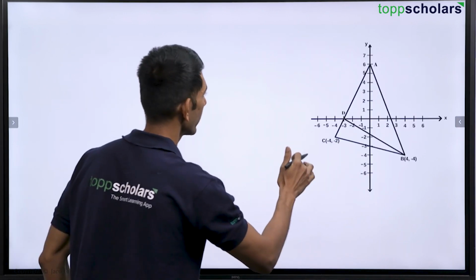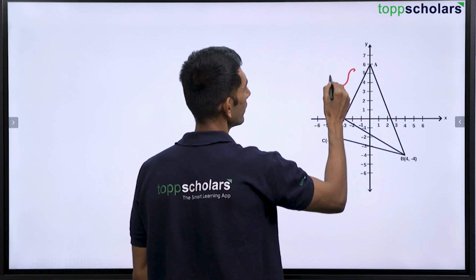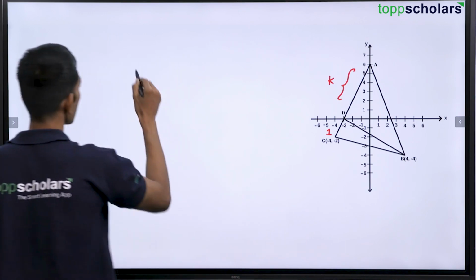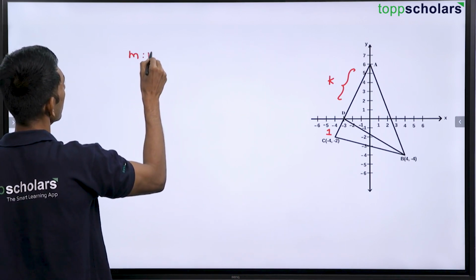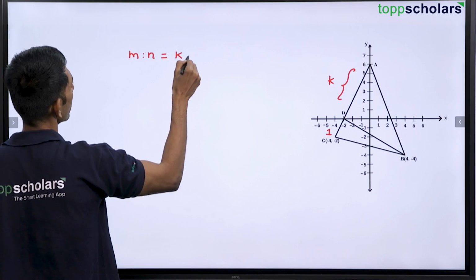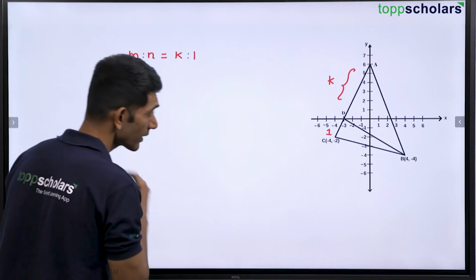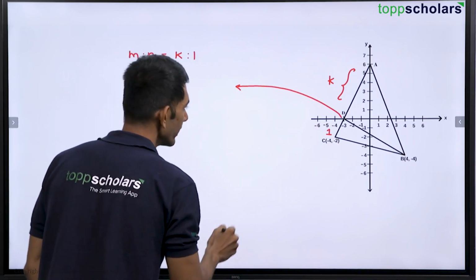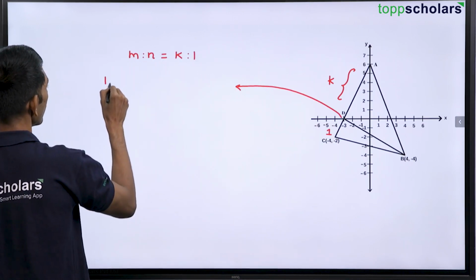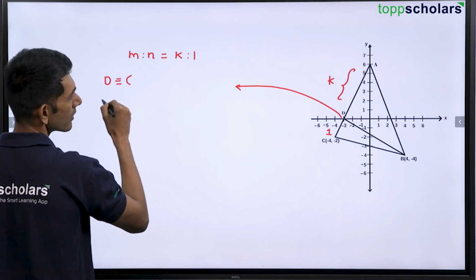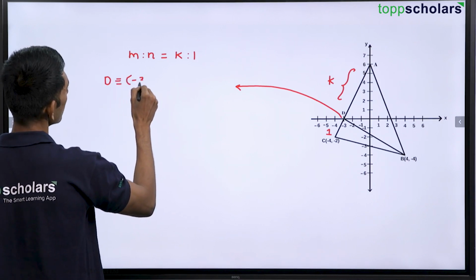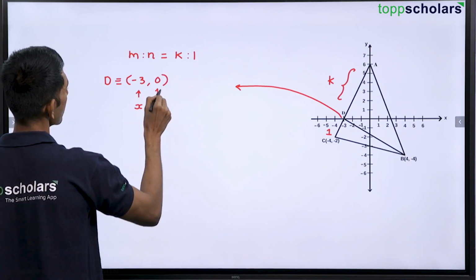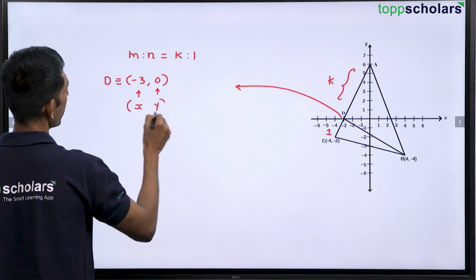I guess the figure is here. So this is k, this is 1. So m is to n is given, k is to 1. Now, what are the coordinates of D? If you see the coordinates of D, can I say D has the coordinates of minus 3, 0, which can be considered as x, y.